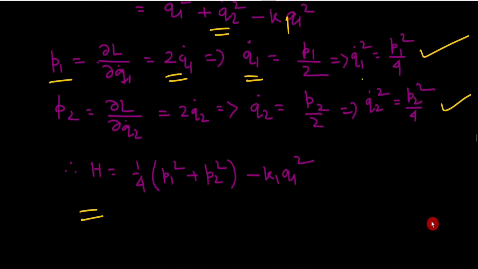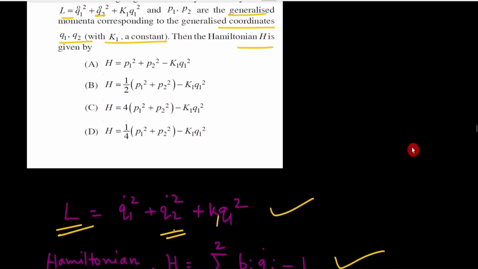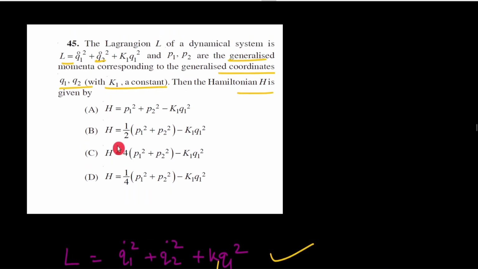So we get H equal to 1 by 4 into q1 dot square plus q2 dot square, which means p1 square by 4 plus p2 square by 4 minus q1 square. This is the correct answer for this problem. So here I think option D is correct.